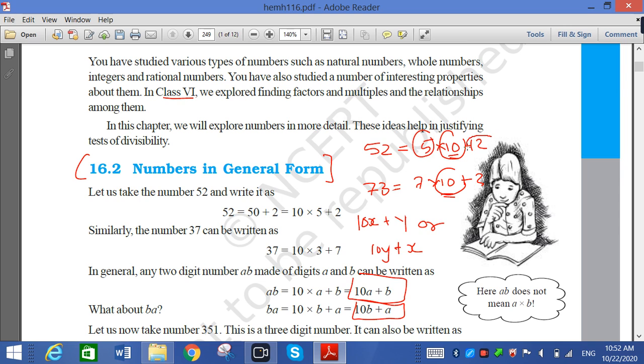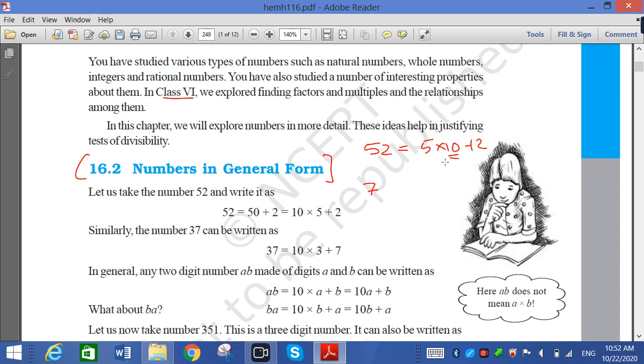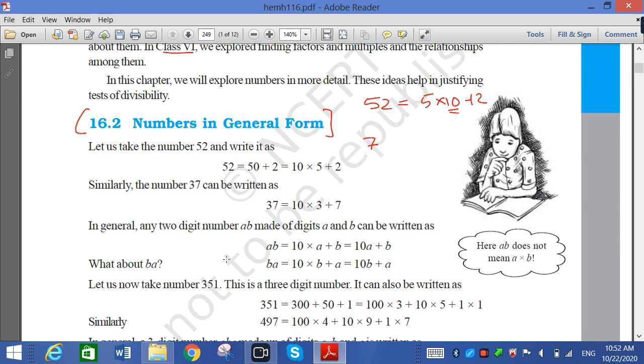Only the unit place and tens place digits change. So the general formula for a 2 digit number is 10a plus b, where a is the tens place digit and b is the unit place digit.